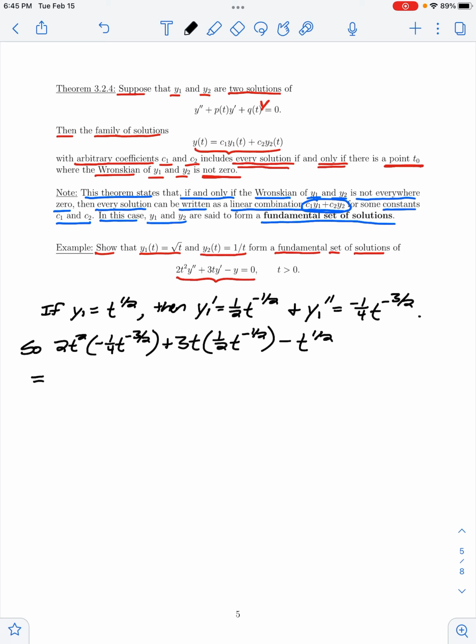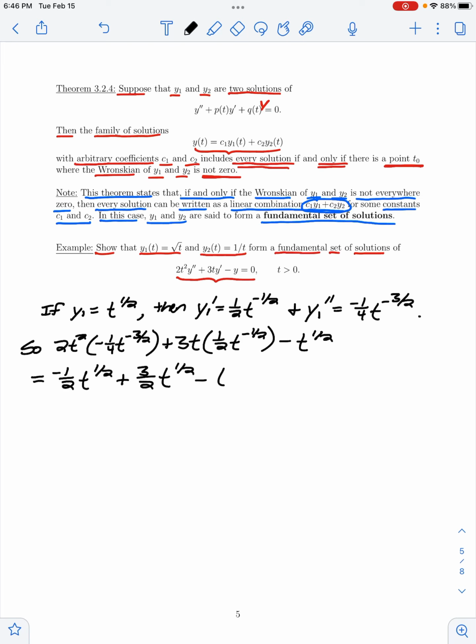Grouping our first two terms, we have a constant of minus 1/2 t squared times t to the negative 3/2 gives us t to the 1/2. We just add those exponents. Plus, for the middle term, we have a constant of 3/2 t to the first times t to the negative 1/2 gives us t to the 1/2 if, again, we add our powers.